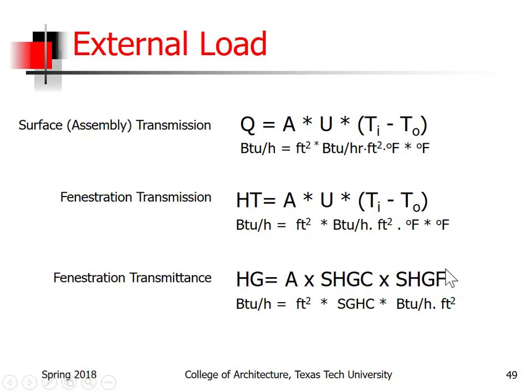And then how much BTUs per hour per square foot do we have of energy striking the window. So this is the driving force here, whereas the difference in temperature is the driving force there. Here it's how much energy is coming from the sun, radiation coming from the sun. Normally we associate that with light that will pass through the window. And these are what we call our external loads.